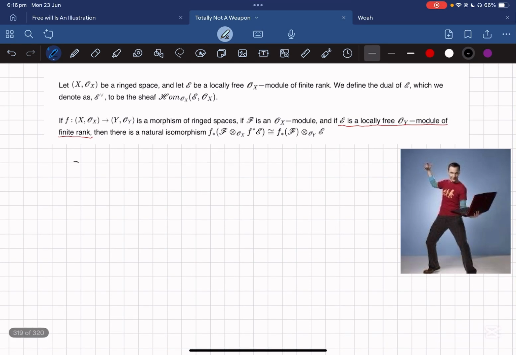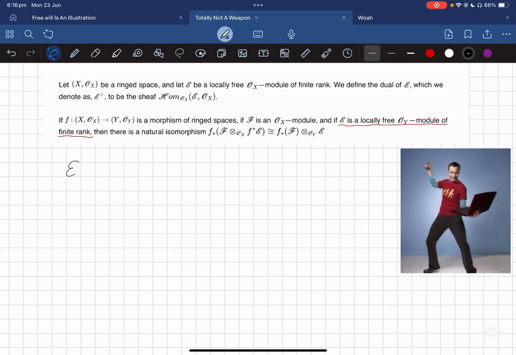Now, we know that since E is a locally free Y-module of finite rank, it must be isomorphic to a sum of Y-modules. Similarly, the dual of E is also isomorphic to the n copies of Y-modules, which also implies E is isomorphic to the dual of E.